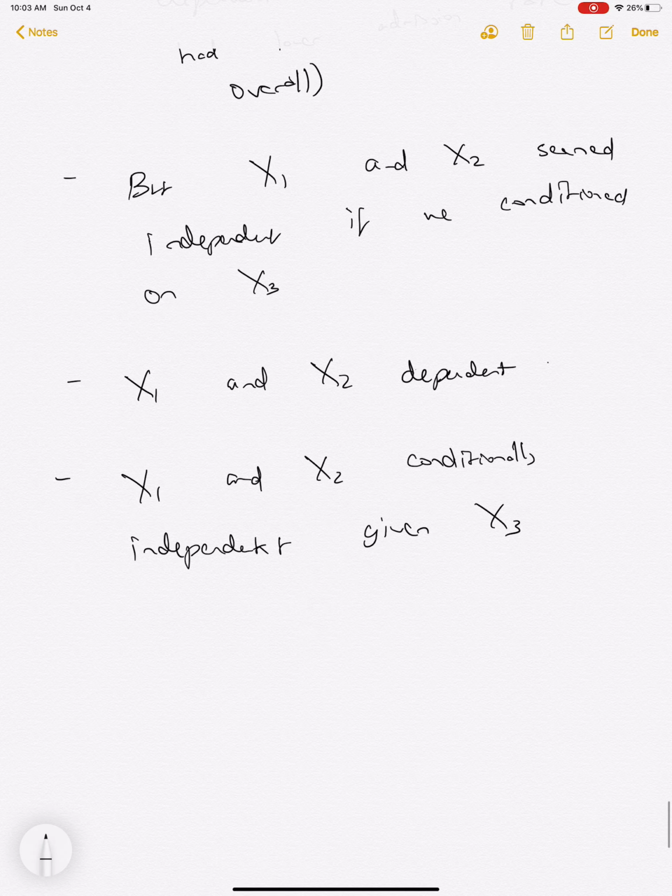Okay, and so I'm going to draw the graphical model representation without explaining how it comes, because I just want to use this as an introduction to the topic, but we can actually represent this as a graphical model.